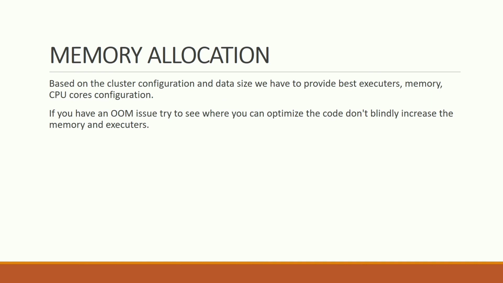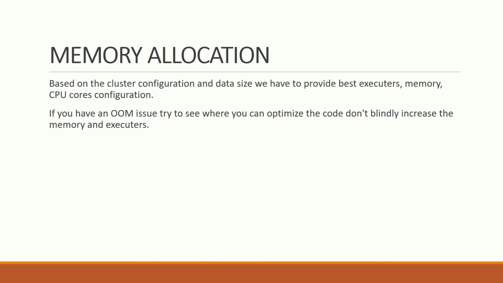Memory allocation. Based on the cluster configuration and the data size, we have to provide the best executor memory and CPU cores configuration. So we need to have a good calculation between the data and the cluster size we have, so that we can bring the optimal configuration to run our Spark pipeline.